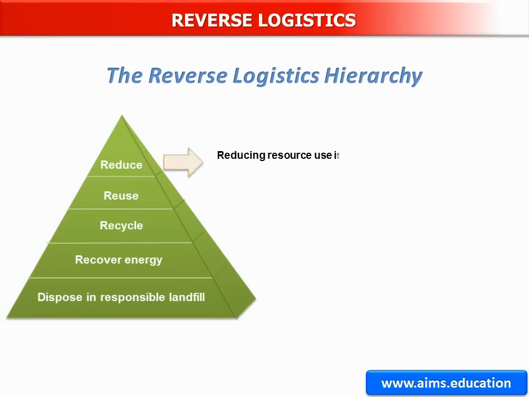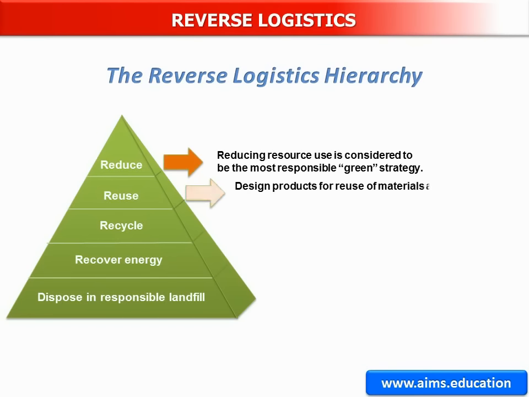Reducing the use of resources in the first place is considered to be the most responsible green strategy. Potential reuse of products is considered second in importance to resource conservation. Products can be designed for reuse of materials and components, and with easy upgrades to extend life. After resource conservation and reuse, recycling is the third most important aftermarket principle.